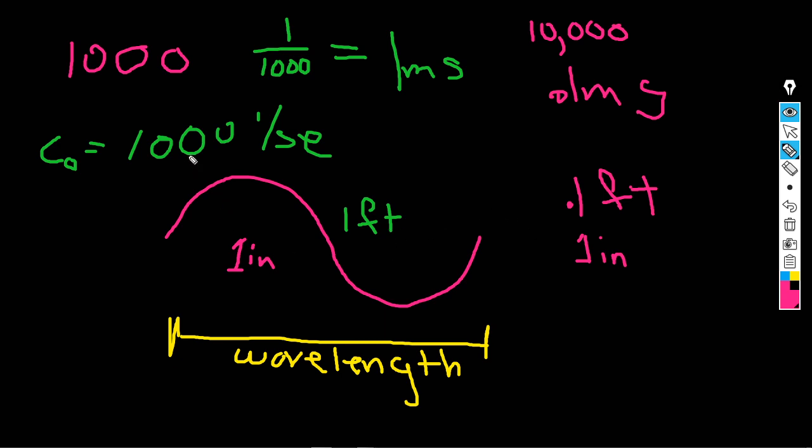So if we drop down to 100 hertz, you can see we're just multiplying by a power of 10 here, then the wavelength becomes 10 feet. And so objects which are 10 feet wide become essentially transparent to the sound. So we speak at about 1500 to 2500 hertz, which means that the wavelength is 1 foot to a third of a foot, let's say.